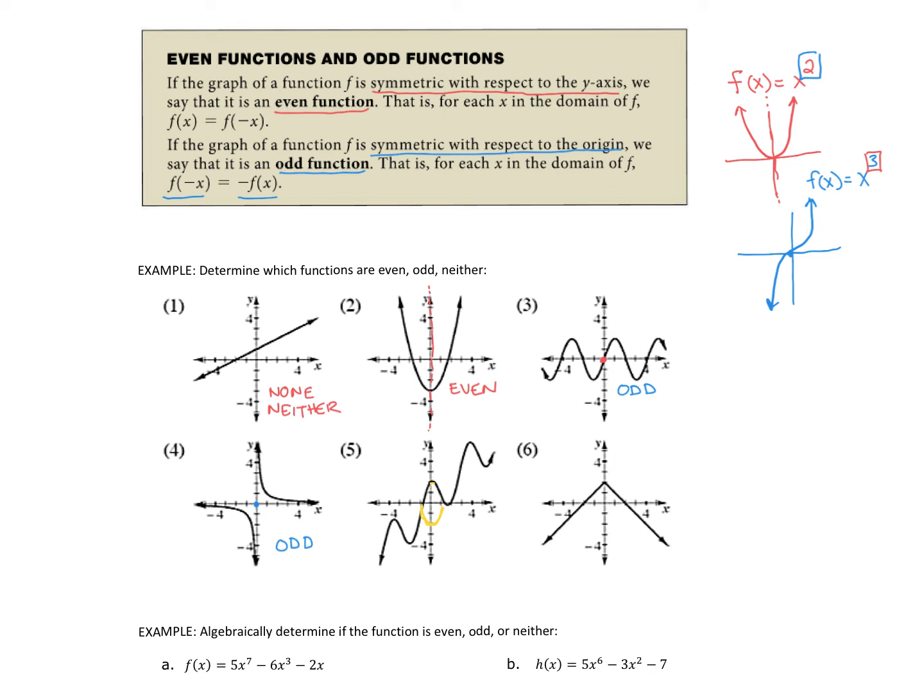And so this is not symmetric to the origin either. And so we say neither. All right, number 6, we can see by the graph that it's symmetric to this y-axis. And so this graph here is an even function.